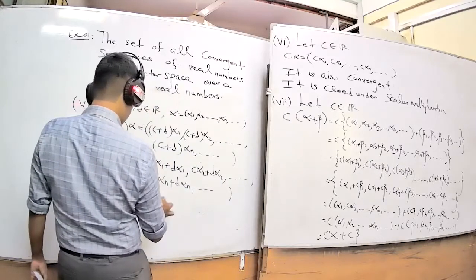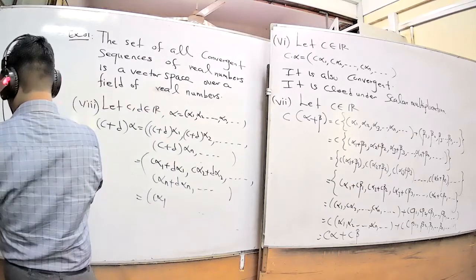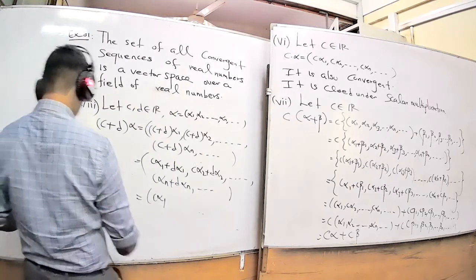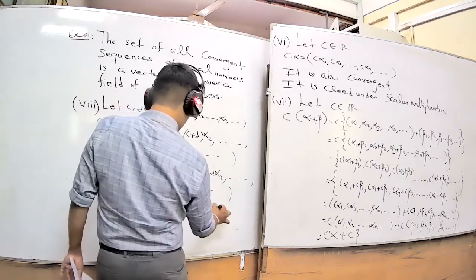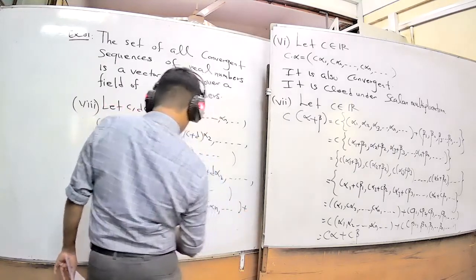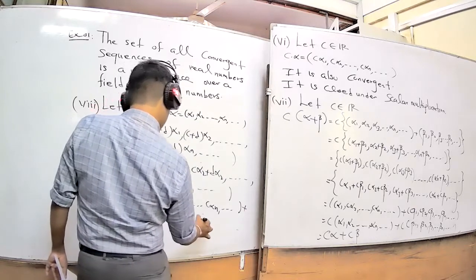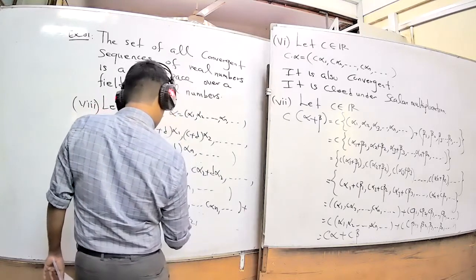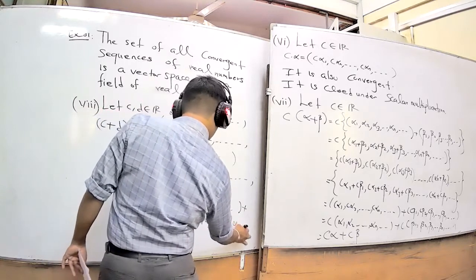Then you will write this as (c alpha 1, c alpha 2, ..., c alpha n) plus (d alpha 1, d alpha 2, d alpha 3, ..., d alpha n).